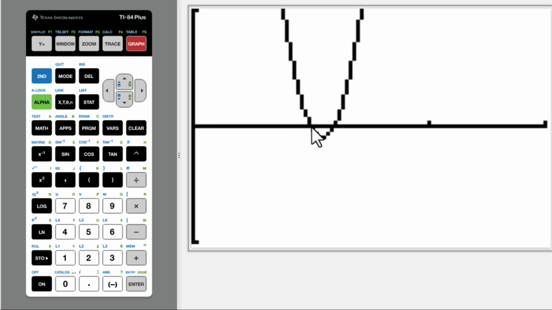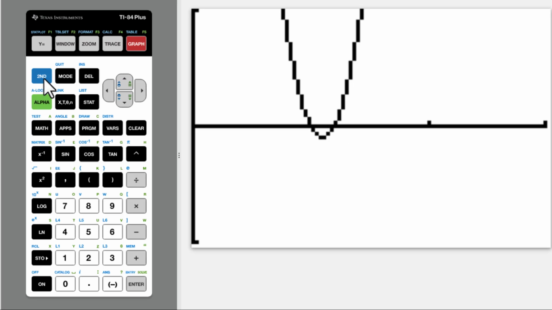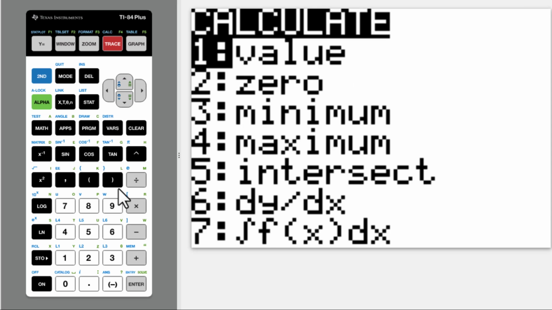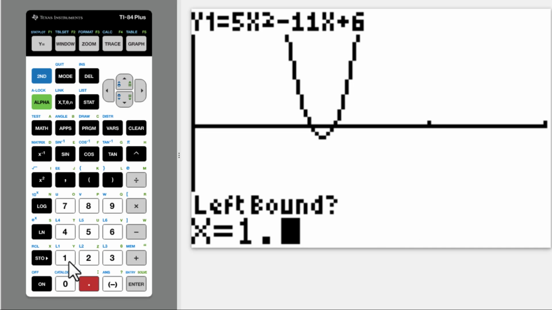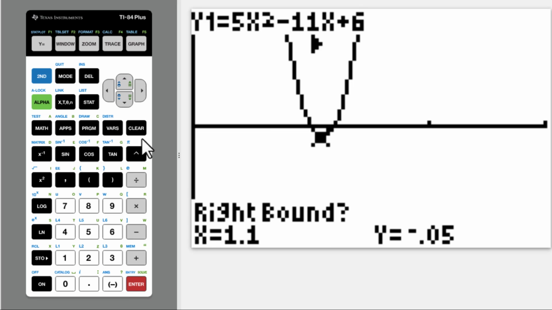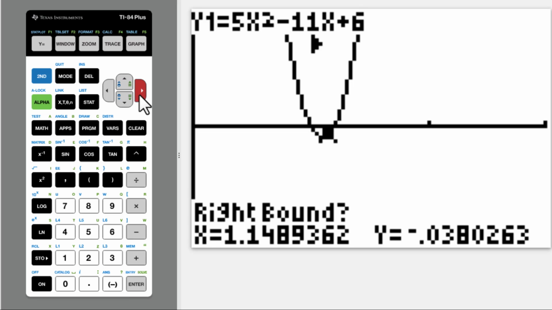We already know this is 1, so we need to figure out this point. Second trace, go to 2. Left bound. Let's do 1.1. Enter. Then move the arrow to the right.